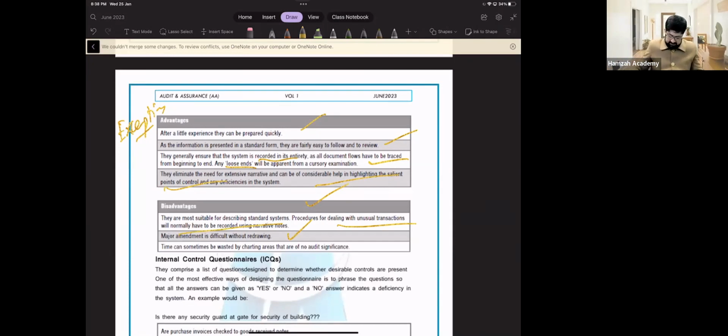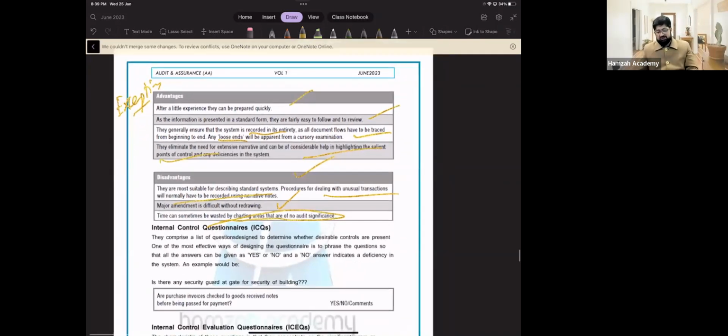The next point is time can be wasted by charting. Yes. Unimportant areas, those areas of control which are not relevant to financial statements. Yes, very easy. Now the next is questionnaires.